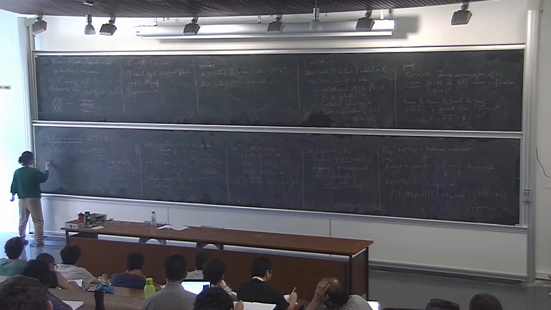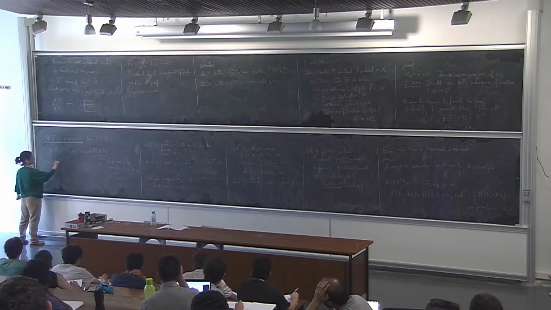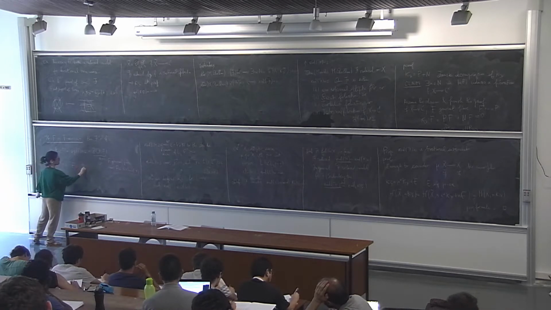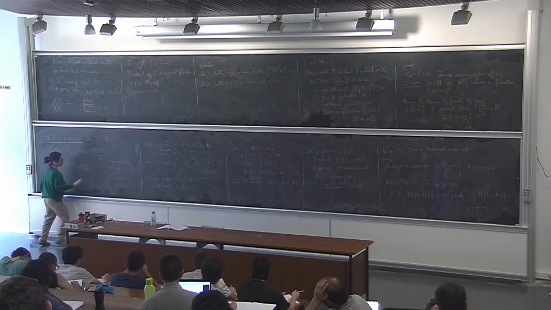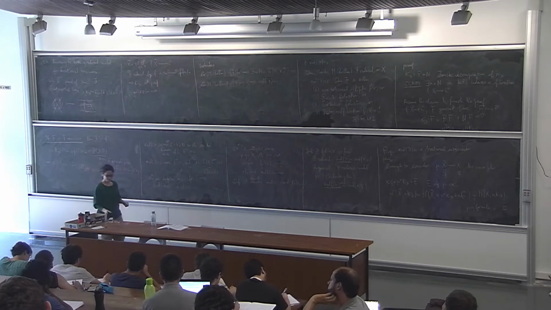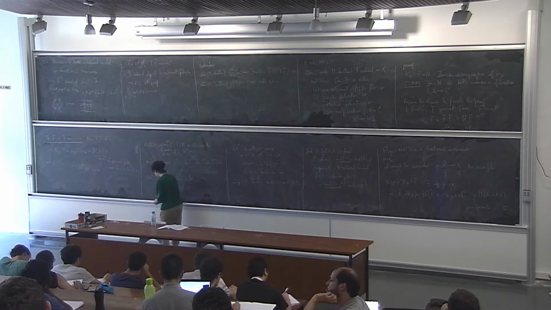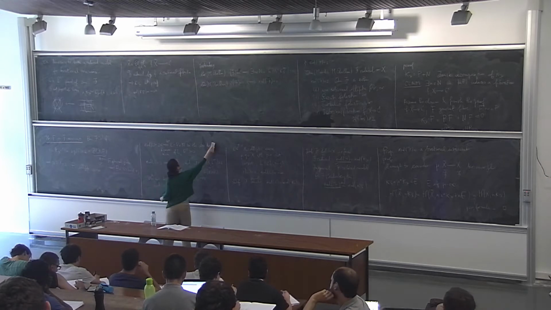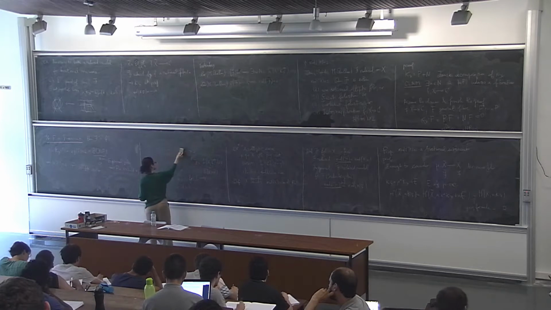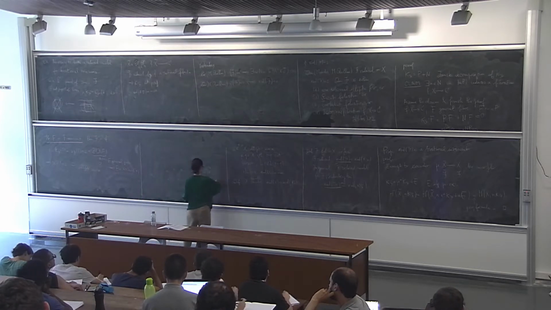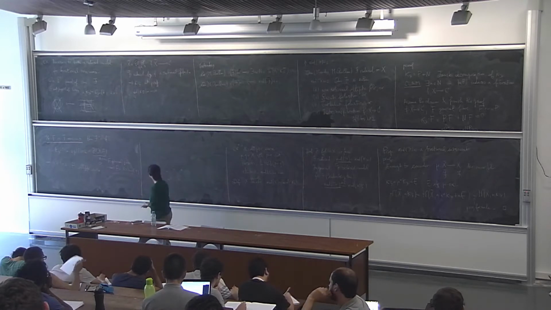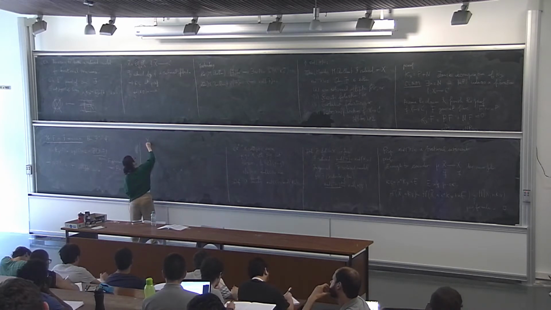And then we get that the genus of F is 1. Okay? So why is the fibration now not isotrivial? We proved it yesterday.